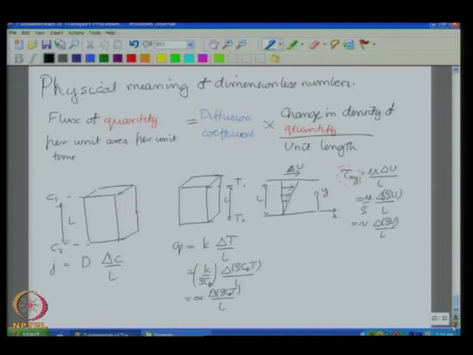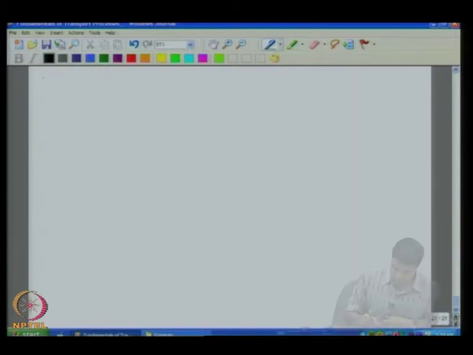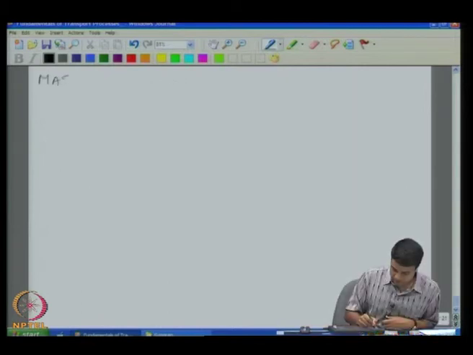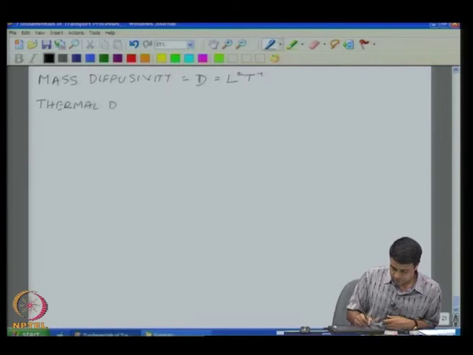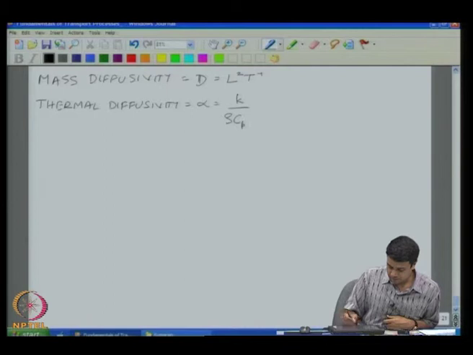And it is easy to see that all three coefficients have the same dimensions. Mass diffusivity, which is D, has dimensions of L square T inverse. Thermal diffusivity, which is alpha, k by rho Cp.